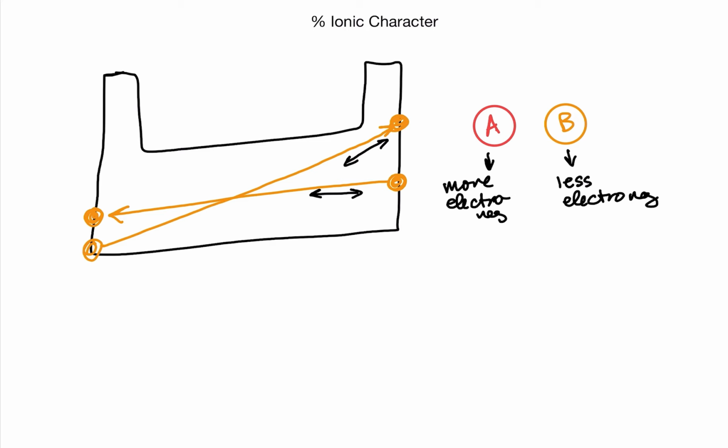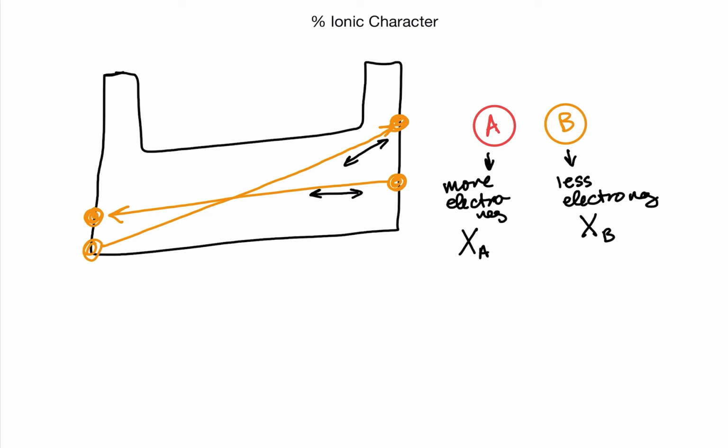The electronegativity of each of these, we're going to denote as XA and XB. Again, that's the electronegativity of each atom, where A is more electronegative. So if you're given an example that has two elements in it, you would determine which one is more electronegative and assign that to be atom A.